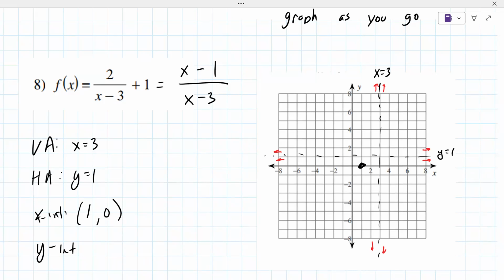Would it be positive 1 over 3 or negative 1 over 3? You're putting 0 in for x, 0 minus 1, 0 minus 3. You have to be able to simplify that. Like 0 doesn't change anything, it just stays the way it was. So negative 1 over 3.